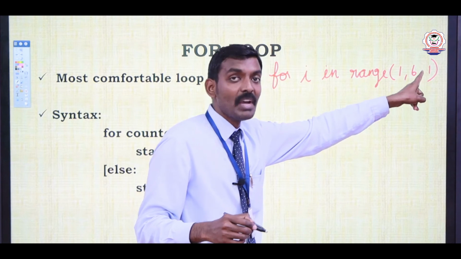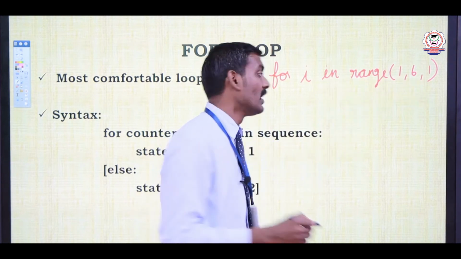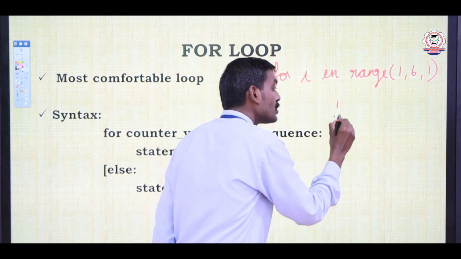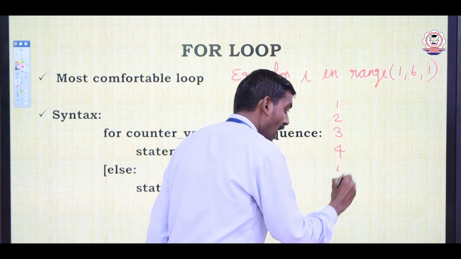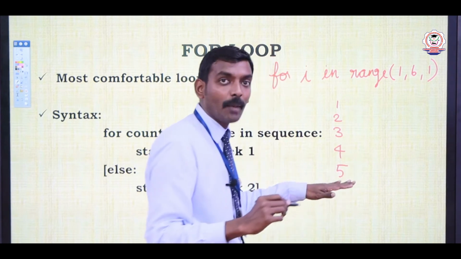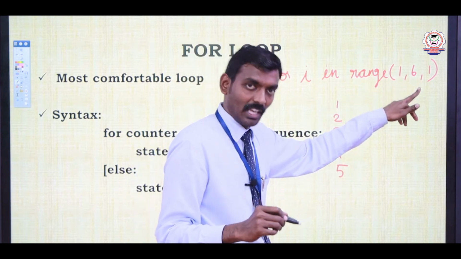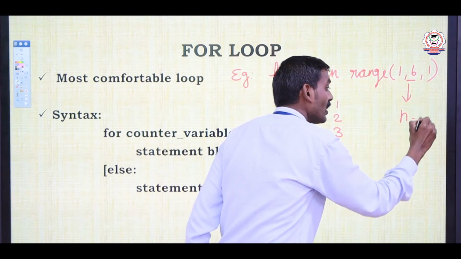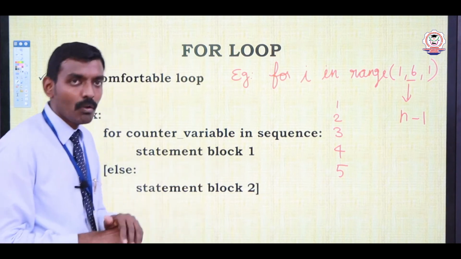Because the step value is 1 and the initial value is 1. So, what is the output of this for loop? 1, 2, 3, 4 and 5. It stops at 5 because the stop value is 6 and it takes the condition as n minus 1. Are you clear? This is the for loop.